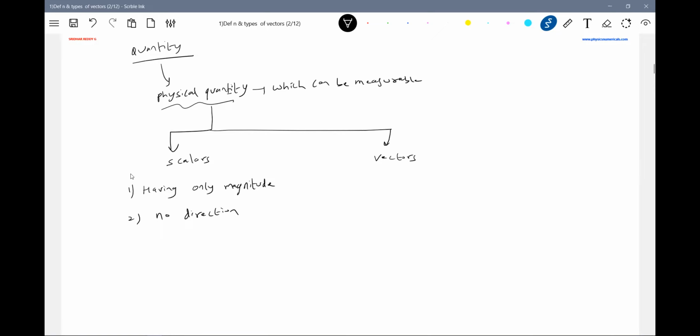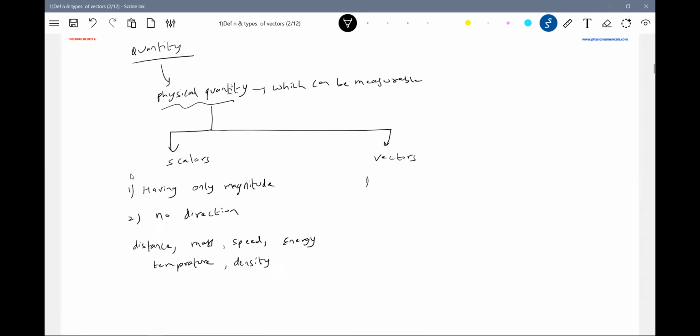Physical quantities having only magnitude and no direction we call scalars. Examples: distance, mass, speed, energy, temperature, density. They will not have any direction, only the magnitude is what they possess.